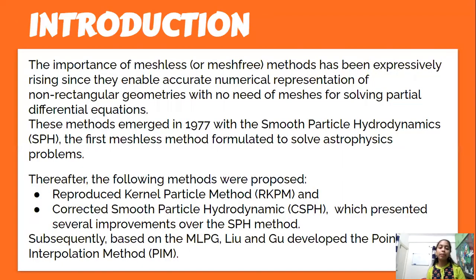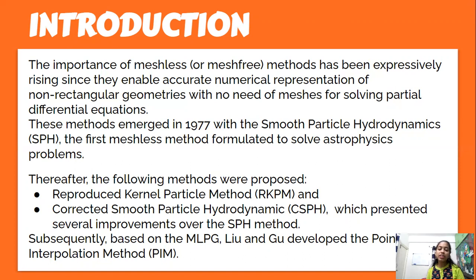Introduction. The importance of meshless or mesh-free methods has been expressively rising since they enable the accurate numerical representation of non-rectangular geometries with no need of meshes for solving partial differential equations.